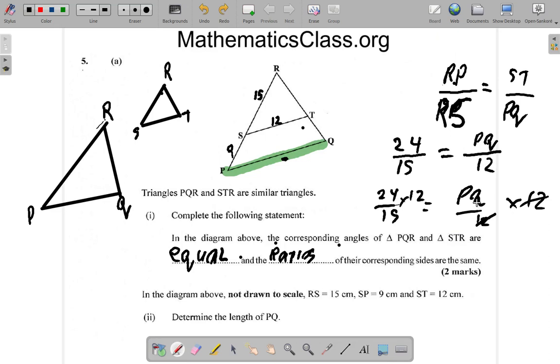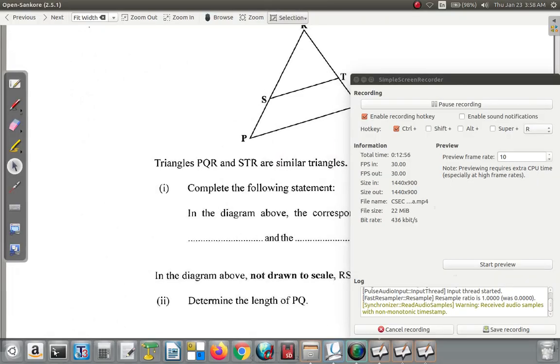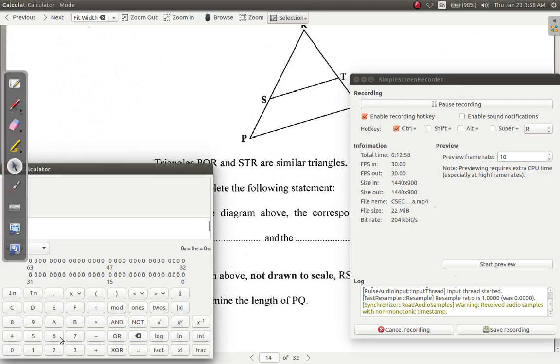So let's put PQ on the left hand side. PQ is equal to, and this on the right hand side, 24 by 12 over 15. You see that? Now see if we can simplify somewhat. 3 into 12 is 4, and 3 into 15 is 5. So this comes down to 24 by 4 over 5. Right? Quickly, 24 multiplied by 4.